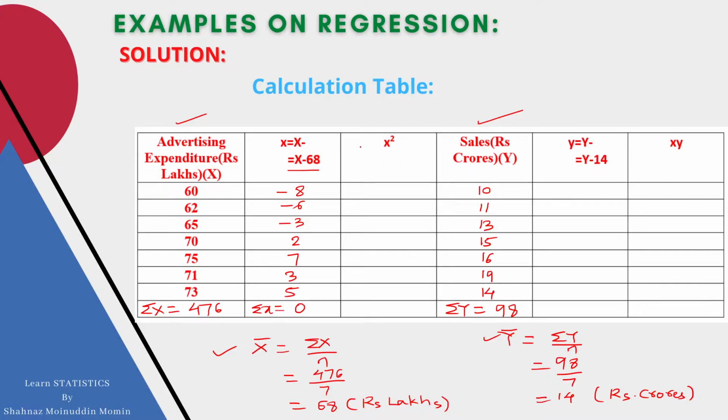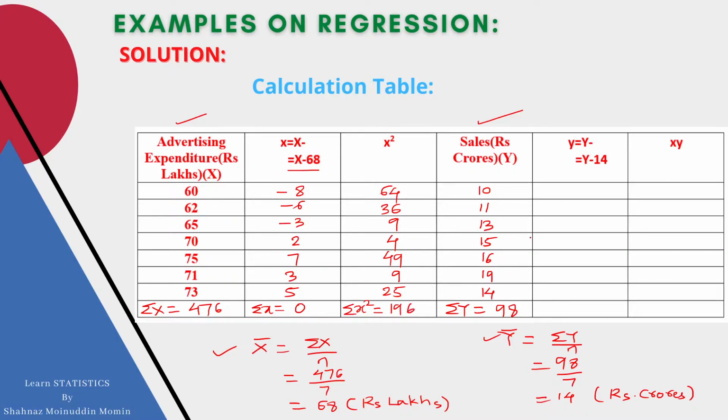Now calculate the square of deviation of observation from the mean. We get 64, 36, 9, 4, 49, 9, 25.